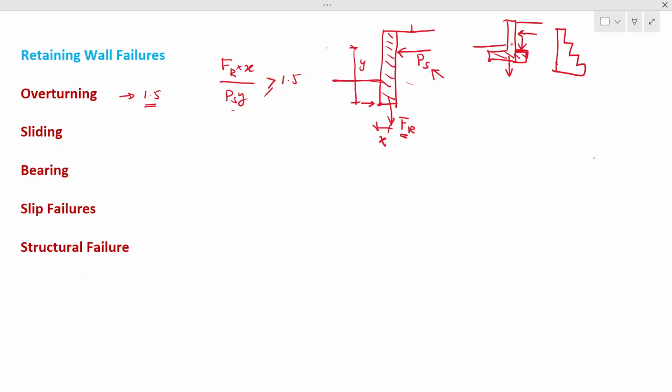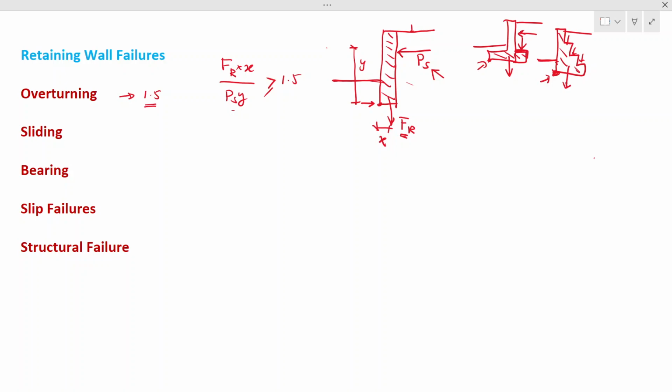Compared to the first one, this is more stable because this part gets some additional weight from the soil. It overturns about this point, but the soil makes it more stable. The same applies to this rubble retaining wall. It will overturn around this point, but you get the soil weight on these steps, which makes it more stable.